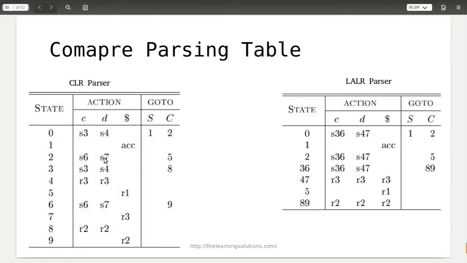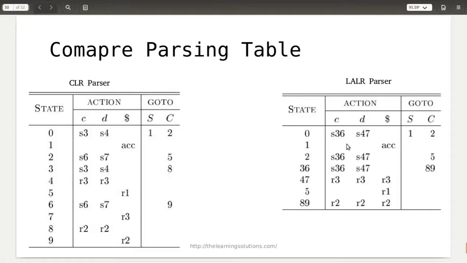Now instead of S7 you will have S47. Then for the 36 you will have S3, instead of 3 it will be S36. Here it will be S47. Next, this is already covered. Yes, these are the changes that we need to make for the shift operation.